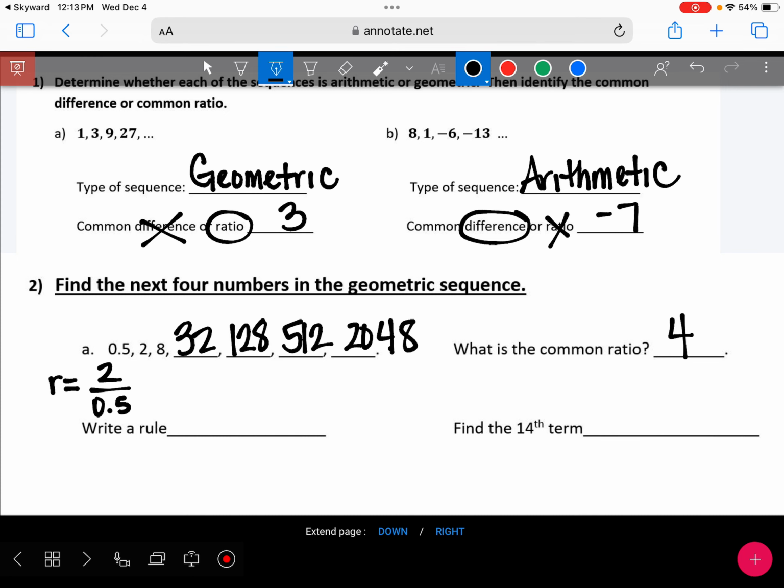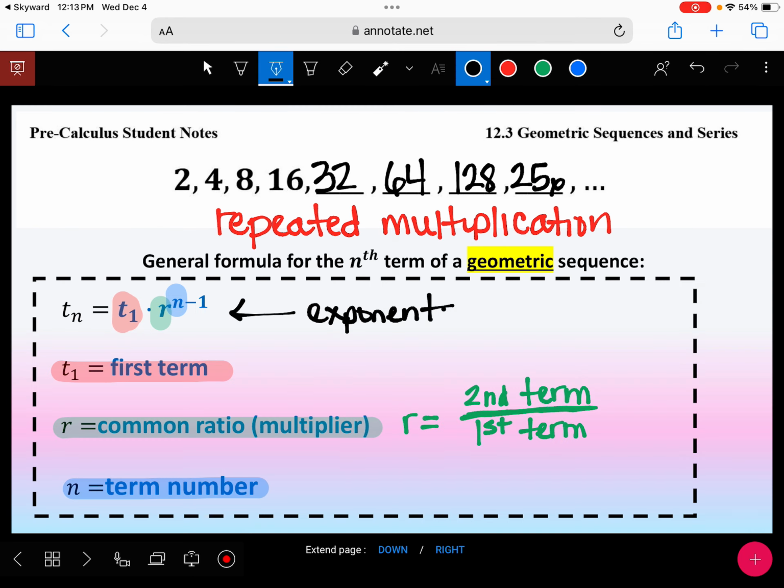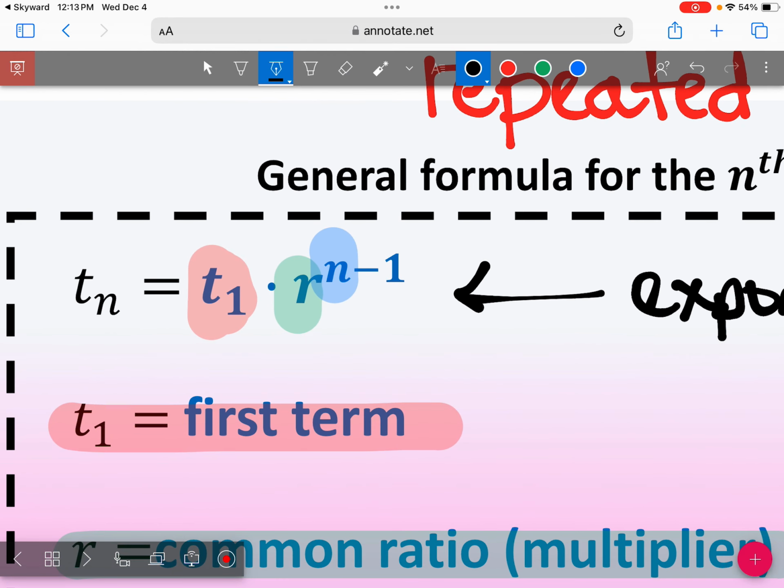So let's go ahead and write our rule. So let me go back to what you wrote at the top. In order to write the rule, we're substituting in 2 things. We're substituting in T1 and we're substituting in R. That's how we write our rule.